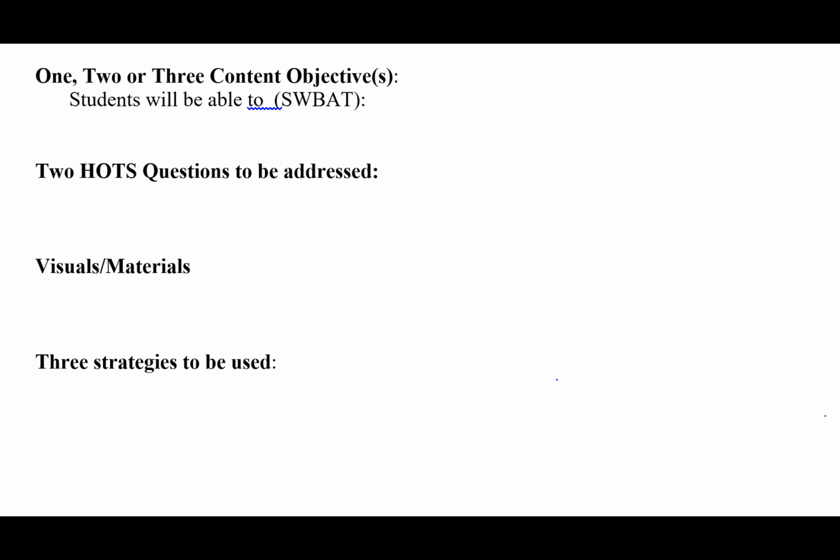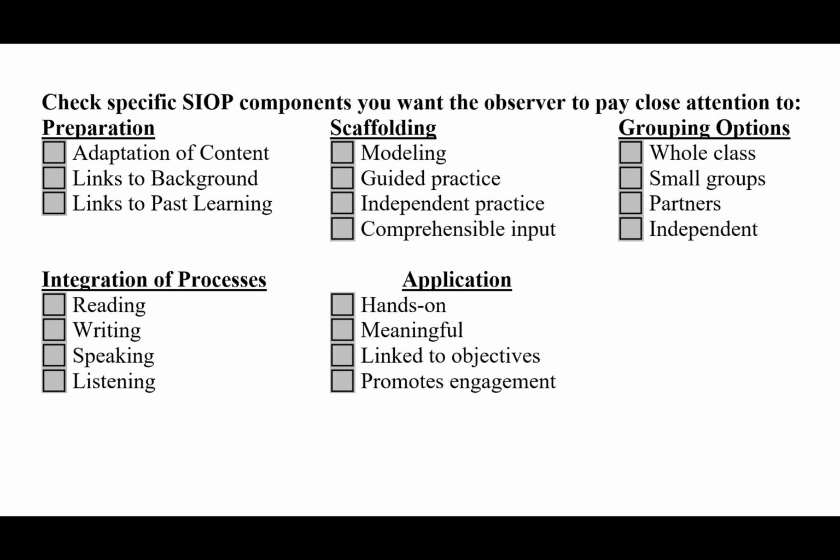And list 3 strategies that you're going to be using from chapters 1 to 6. This is the last part of the form, and you're supposed to check the SIOP components you want the observer to pay close attention to. So I'll let you read those and check them over.